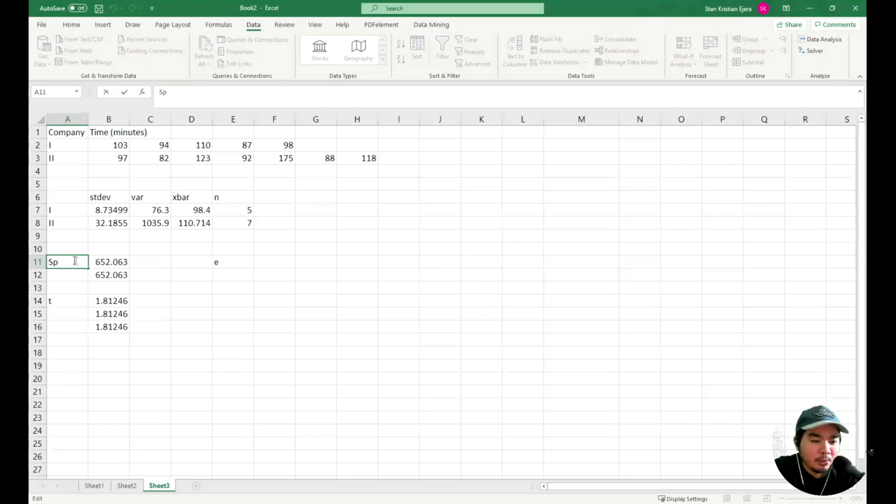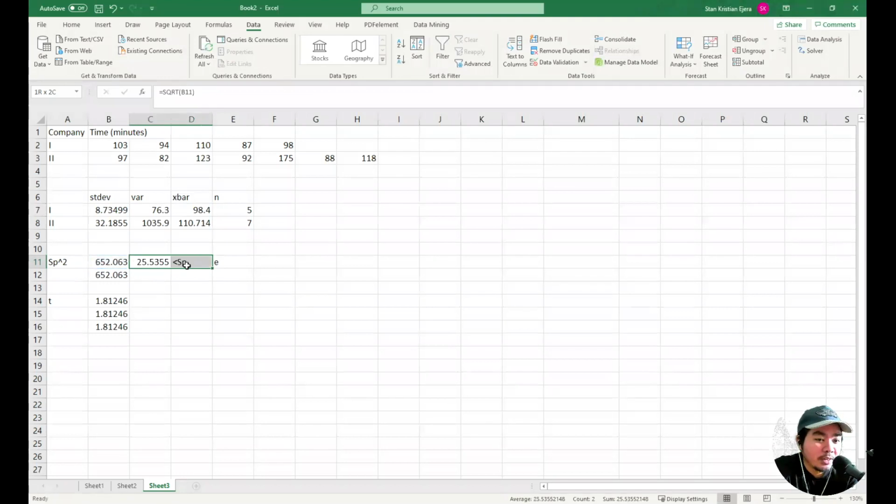Because this SP here is the variance. This is the pooled variance, not the pooled standard deviation. So what I'll do is put it inside, as opposed to taking the square root. But if I take the square root of this, it becomes my SP, the pooled standard deviation. This is the pooled variance. So you can do it either way.